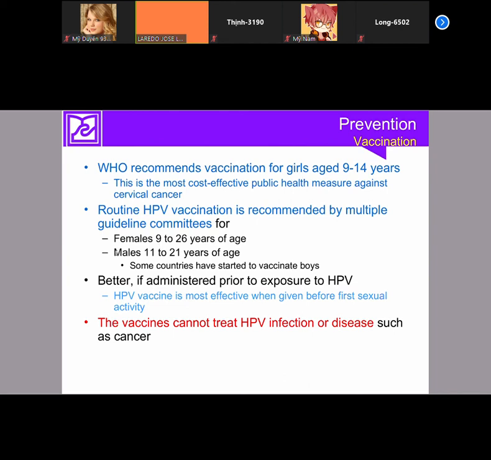In some countries, males are also vaccinated because these diseases also appear in males. If we prevent the disease in males, we can also prevent the disease in females because of sexual transmission. So some countries have started vaccinating males.